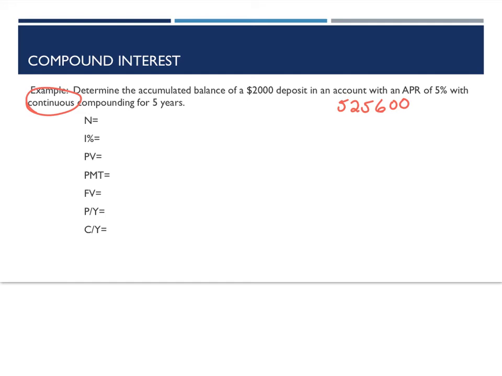If we take 365 days times 24 hours times 60 minutes, we get 525,600, and that is compounding every minute, and that's what we use for continuous compounding. Once every minute is close enough to continuous. So my PY and CY are 525,600.